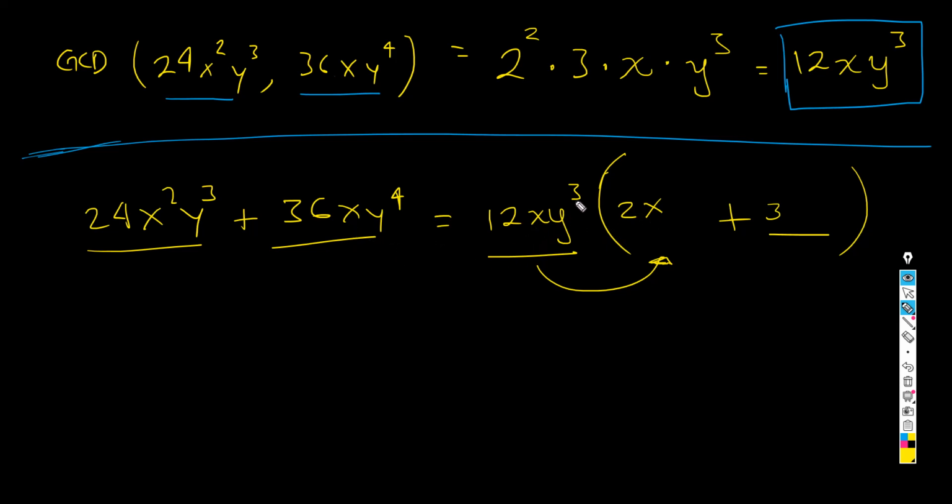Now, y to the cube times what y will give me y to the 4? Clearly that's going to be y, because y to the cube times y gives me y to the 4. And I'm done.